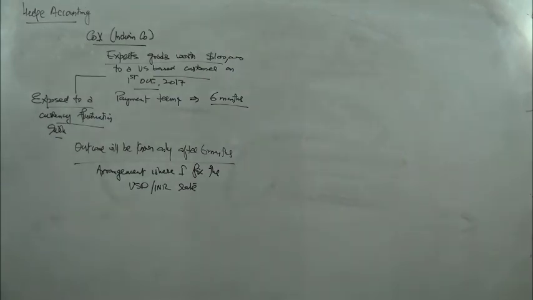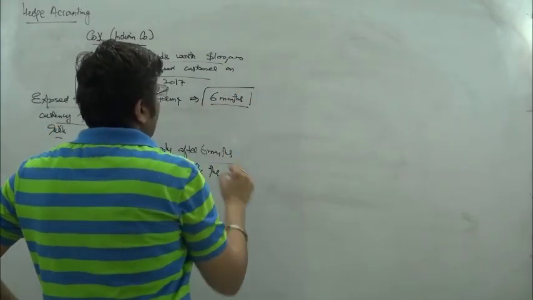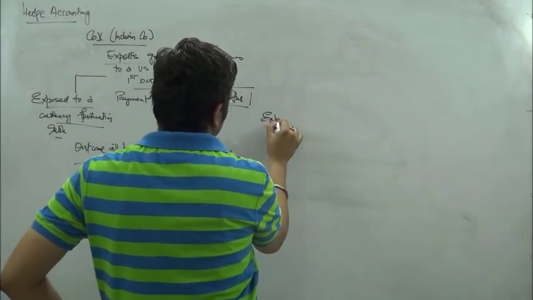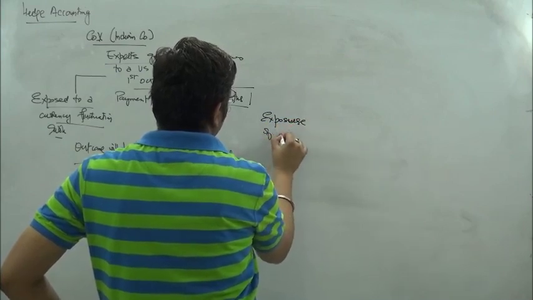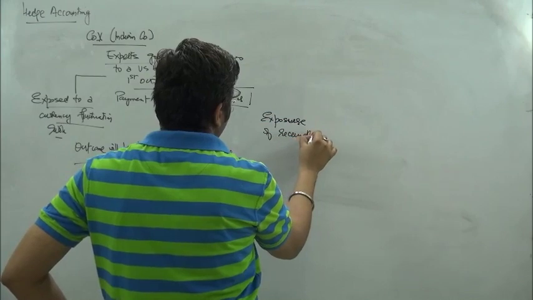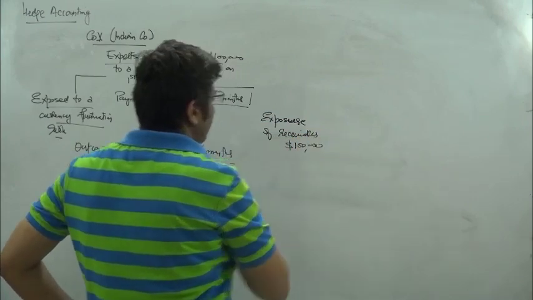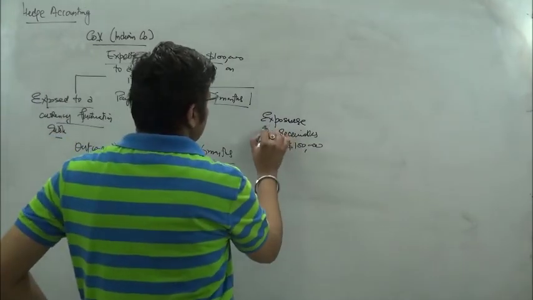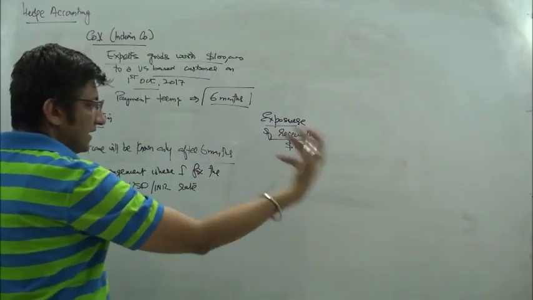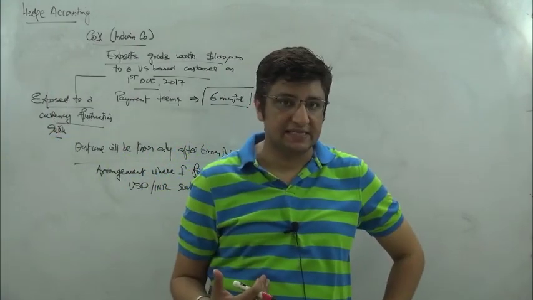Right? So what I'm now looking at is I have an exposure of receivables to the extent of $100,000. Is it okay? Right? So this exposure is resulting in a risk which I want to protect myself against.